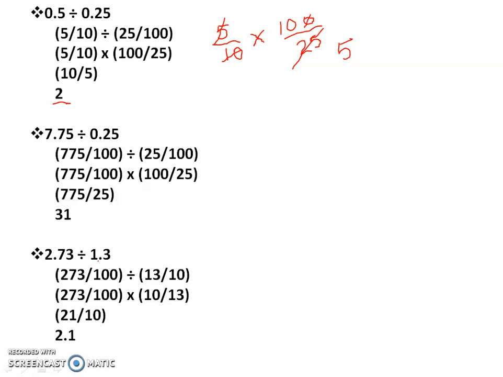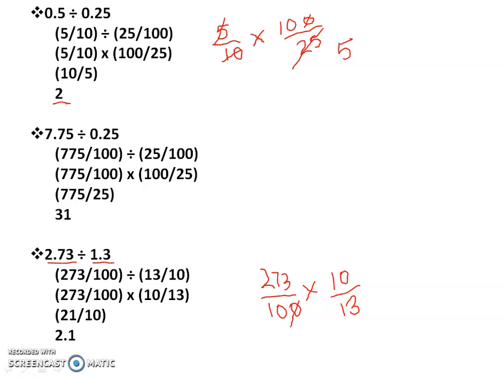Next one. 2.73 divided by 1.3. You can write 2.73 as 273 by 100 and 1.3 as 13 by 10. Now 273 by 100 into 10 by 13.